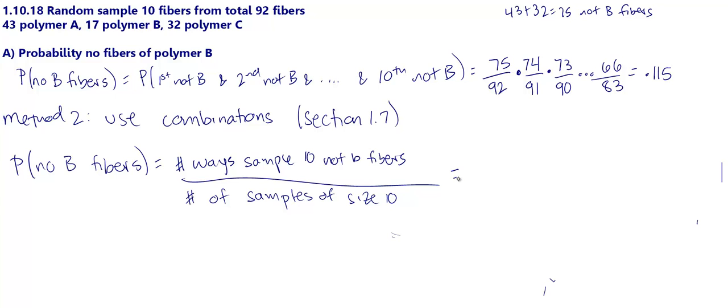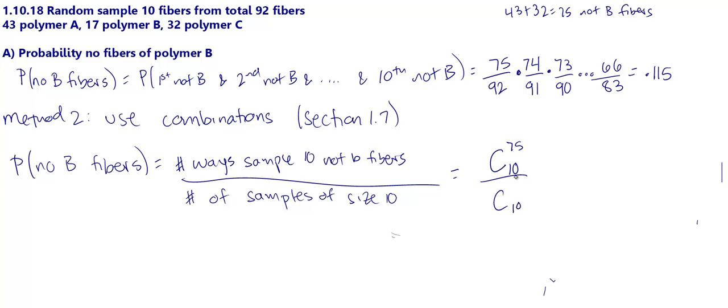So how many ways to get what we want out of the grand total? Well, how many ways can you get a sample of 10 not B fibers? So we want to choose 10, so we'll do a combination. We want to choose 10, and how many not B fibers are there to choose from? There are 75. Now, what is the total number of samples of size 10?